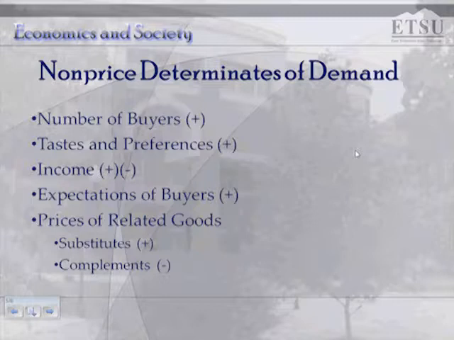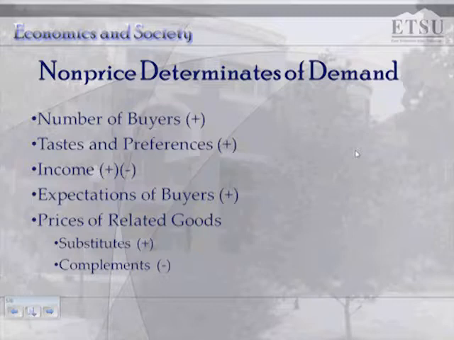Prices of related goods are interesting. There are two ways that goods can be related. They can be substitutes for one another, or they can be complements. Substitute goods are things like Coke or Pepsi. And so if we think about what happens when the price of Pepsi falls, there would be some people who are hardcore Coke drinkers who wouldn't drink Pepsi if it was free.